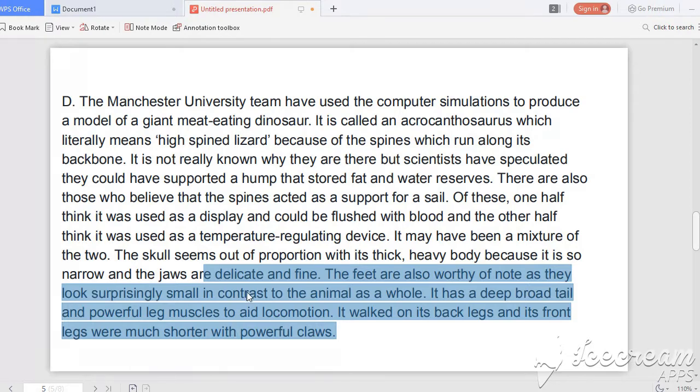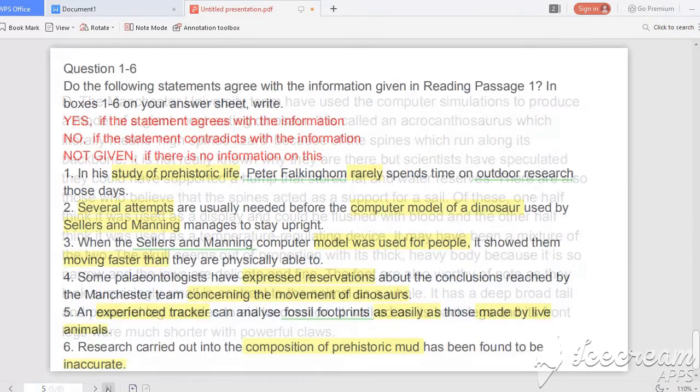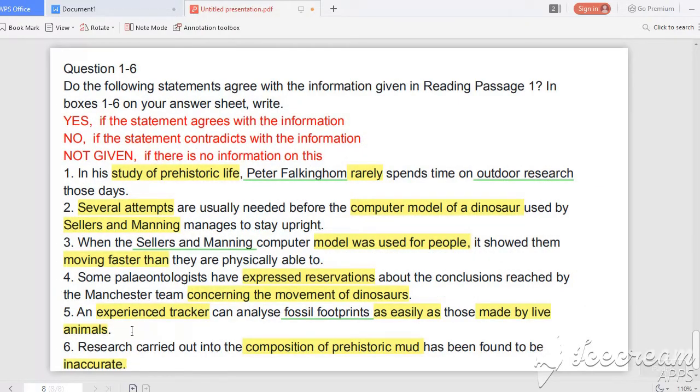All right, so this is how you need to differentiate between false and not given. You need to read the question very carefully. All right, so now let's move to question number 5. An experienced tracker can analyze fossil footprints as easily as those made by live animals.